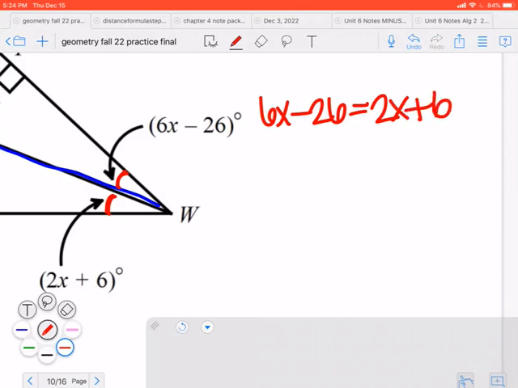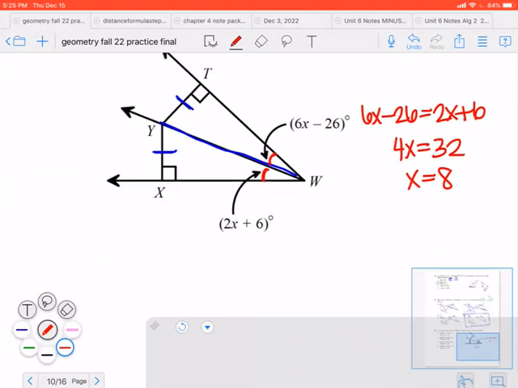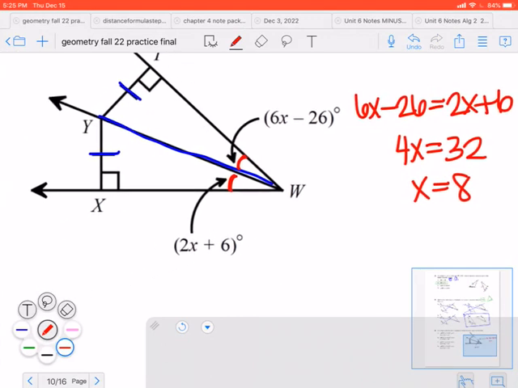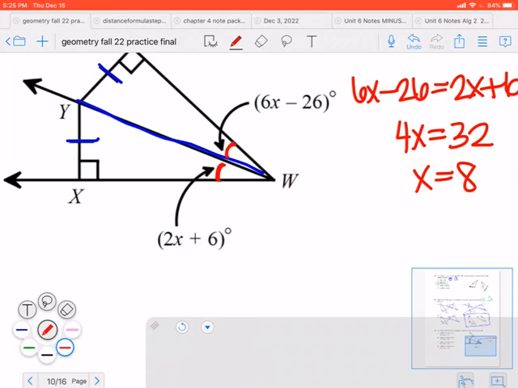And so we can solve this for x. I'm going to subtract 2x from both sides. That would leave us a 4x on the left-hand side. And now I'm going to add 26 to both sides. 6 plus 26 is 32. 4 times something is 32. That would be 8.